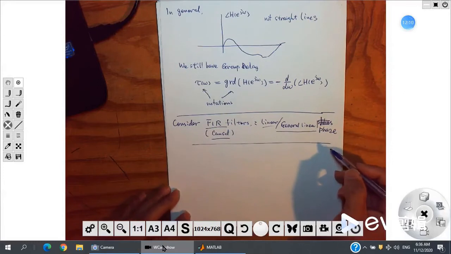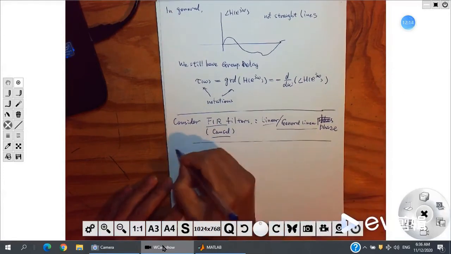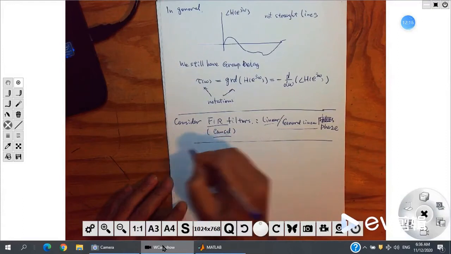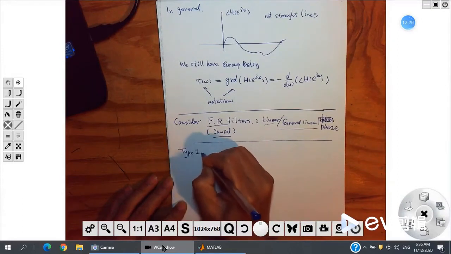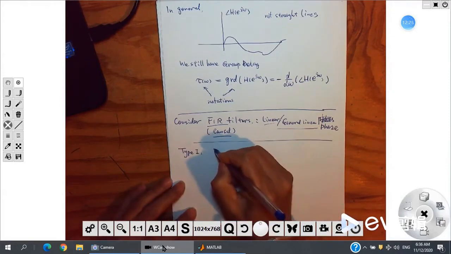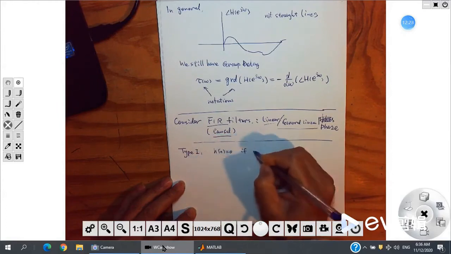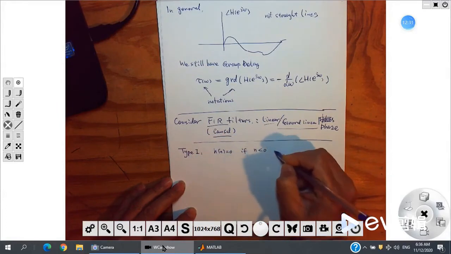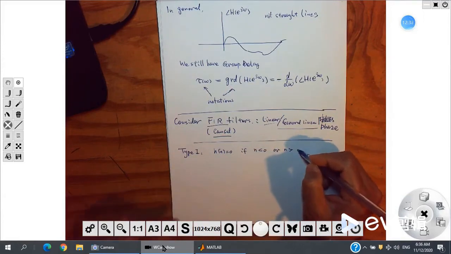So what are these kinds of filters? Actually we have four types. Last time we introduced two, type by type. Type 1 has this feature: h of n equal to 0 if n is smaller than 0 or n is larger than 2 alpha. If you check the notes of last time, you should know here is 2 alpha.